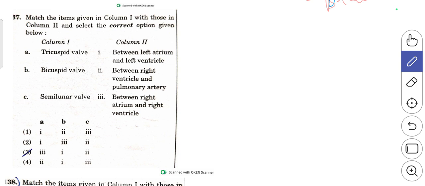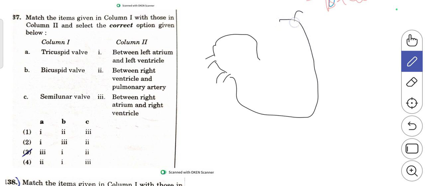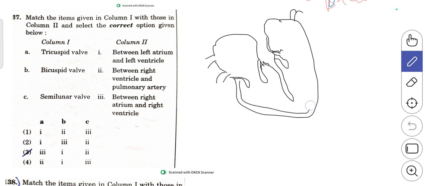So we'll draw a neat, simple diagram for your understanding. Consider this as a heart.